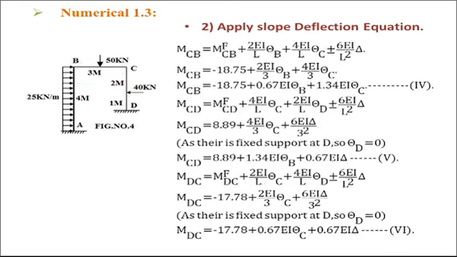Now find the equation for end C of the beam. So again, when a beam is there, delta is 0.